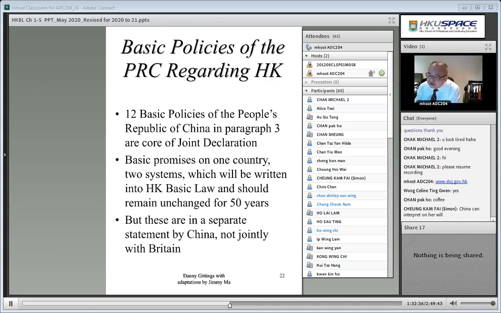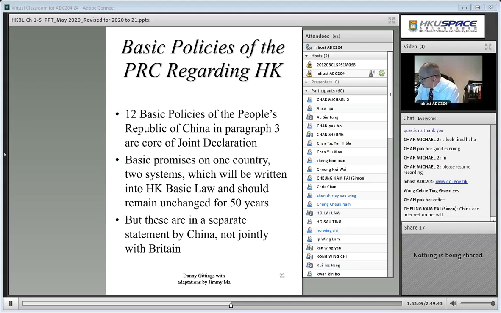The basic policies. What are these basic policies? They are set out in paragraph 3 of the Joint Declaration, and these policies are the core of the Joint Declaration. The basic promise is one country, 2 systems, to be contained in the Basic Law, which will remain unchanged for 50 years.